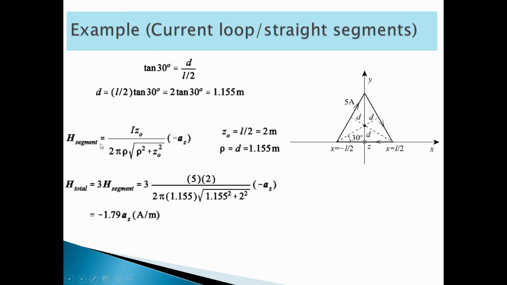Now H segment, we can find from I divided by twice pi rho, times root over rho squared plus z squared, minus a.